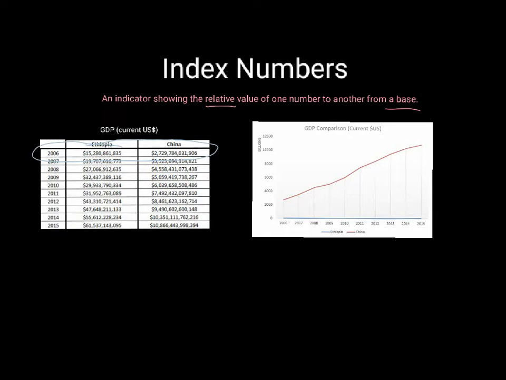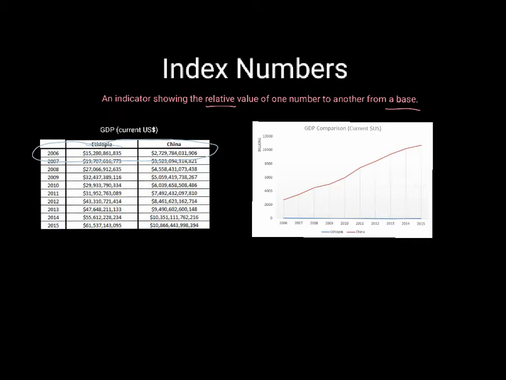What we're trying to do essentially is standardize the starting point for each of these countries, so that we are only considering what has happened from 2006 onwards. And this is a process of generating index numbers. The way that we do it is a relatively simple formula.